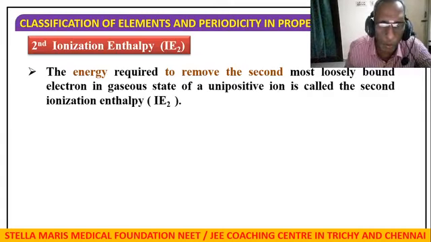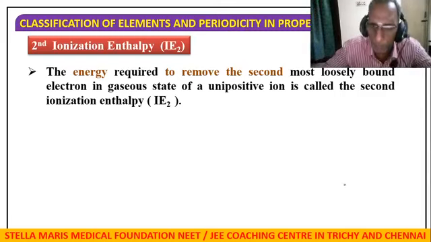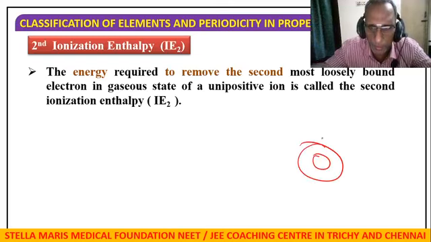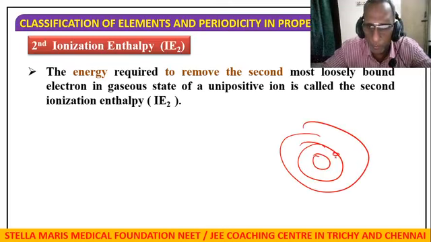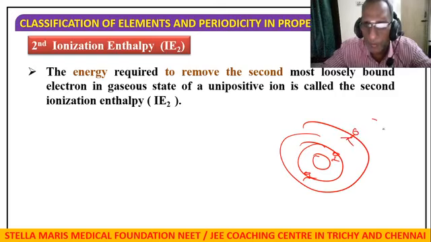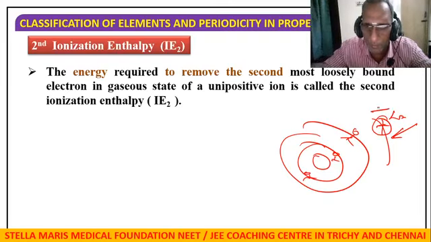most loosely bound electron. Once again, if an army is arranged in this arrangement, 2 people here, 8 people here, like that. If the enemy attacks, they will be the worst affected. First these people will go, then these people.